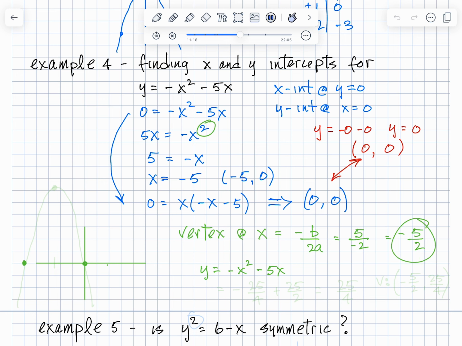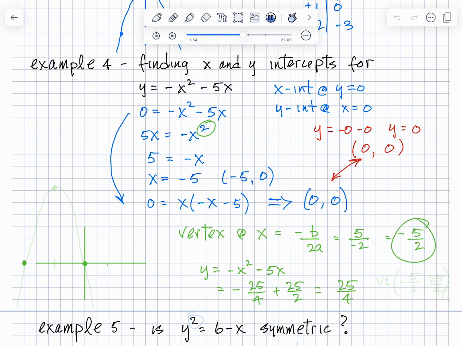Substitute our negative 5 halves in for x, and that's going to give us a negative 5 halves squared is going to be 25 fourths, and minus 5 times negative 5 halves, so that's going to be plus 25 halves. So negative 25 fourths and 25 halves is a positive 25 fourths.